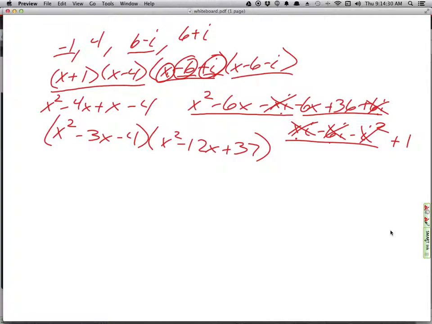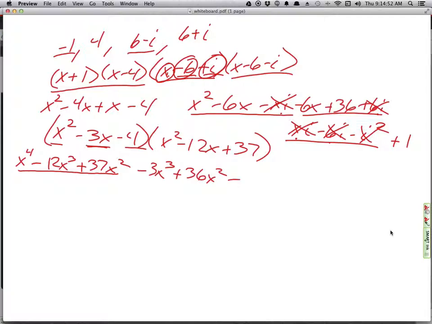Now it's just a matter of multiplying all this out. I need x squared times everything, so that's x to the 4th minus 12x cubed plus 37x squared. So there's the first set. Then I need the negative 3x: minus 3x cubed plus 36x squared and minus, if I remember right, 111x.